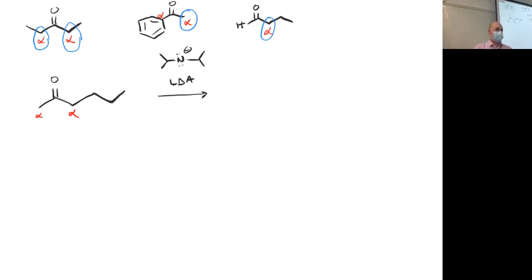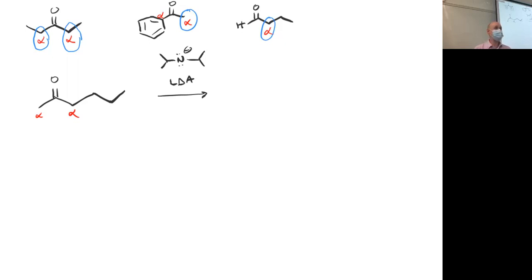So if you ever have a choice, well, you don't really have the choice. If you give LDA a choice, it will pull a hydrogen off of the most accessible alpha carbon, the easiest alpha carbon to grab. For the same reasons that this is a cruddy nucleophile, it's so crowded that it's actually hard for it to do much of anything.